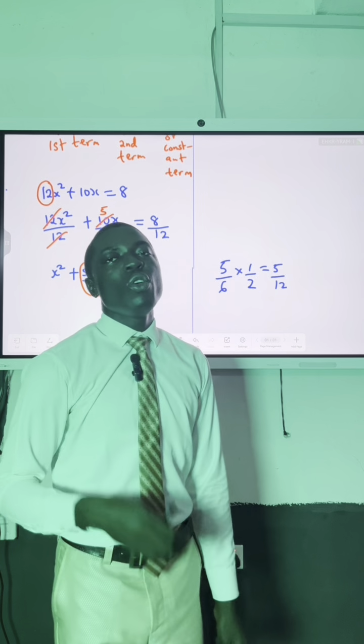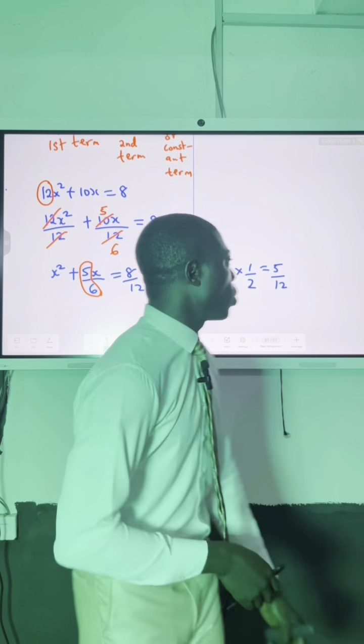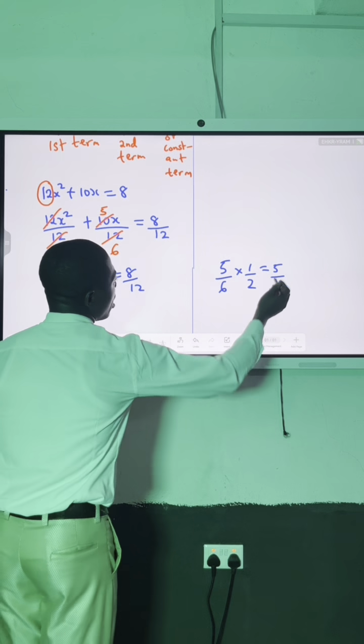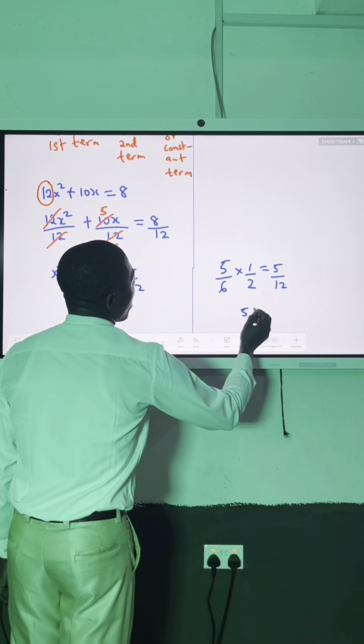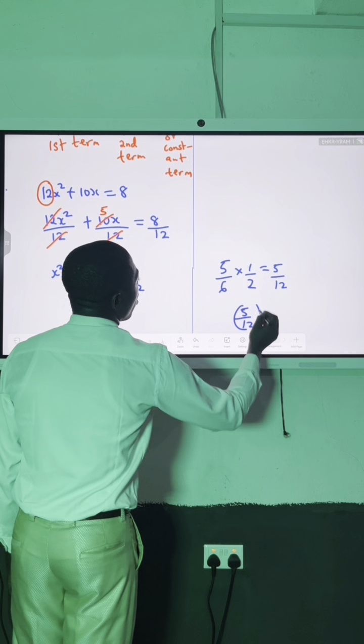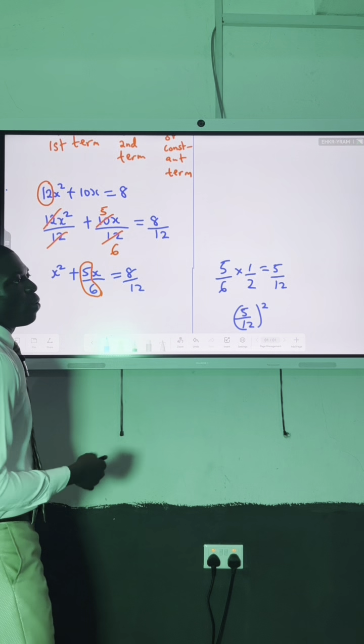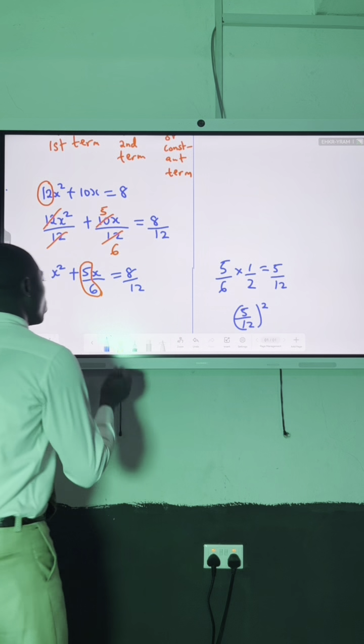Now what do you do? Square it and add it to both sides. So the square of this one means 5 over 12 all squared. This is what you're adding to both sides of the equation.